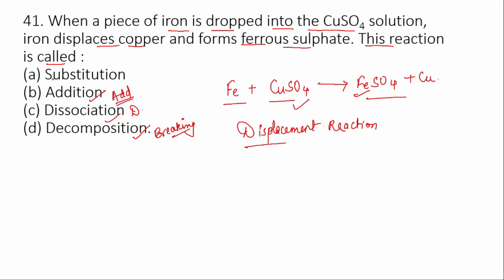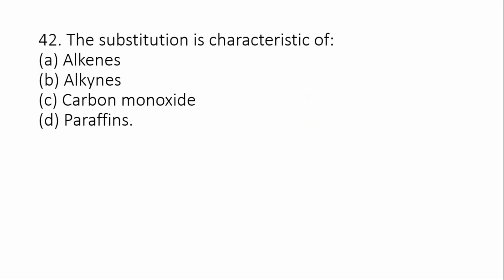But substitution is again the same thing as displacement: something is replacing or substituting some other substance. So option A, substitution reaction, is nothing but the other name for the displacement reaction. The correct option here is option A, substitution reaction. I hope it is very clear that substitution reaction is another name for displacement. We'll move to the next question.